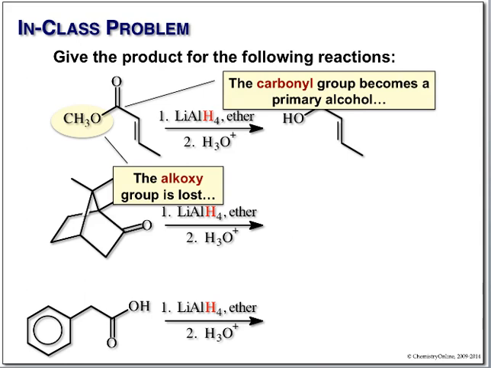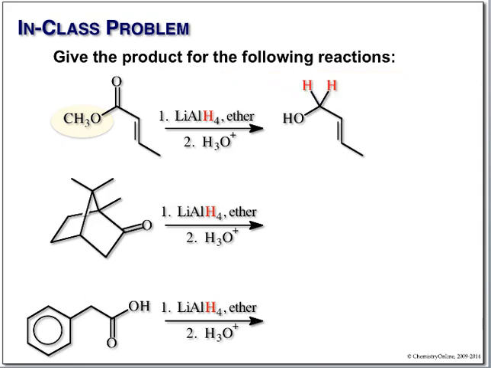All we're doing here is a simple reduction with lithium aluminum hydride on our carbonyl. When we do that, we're going to put a hydride on here. The product's going to look something like this. I've drawn it with the hydride coming in from the bottom.